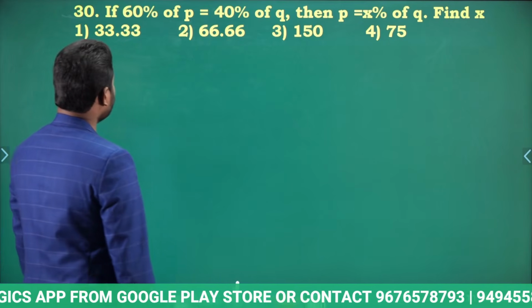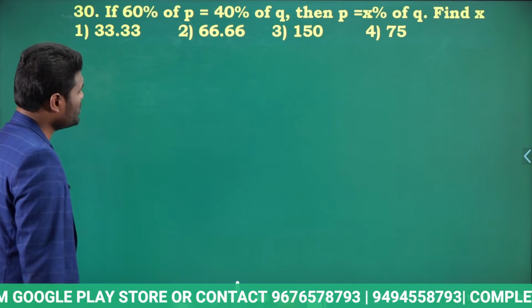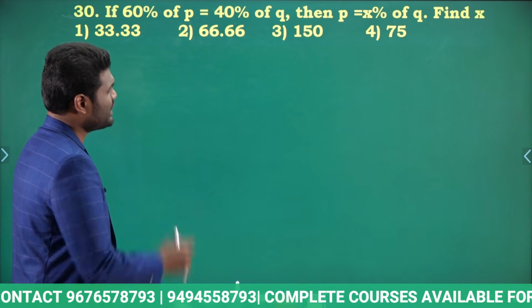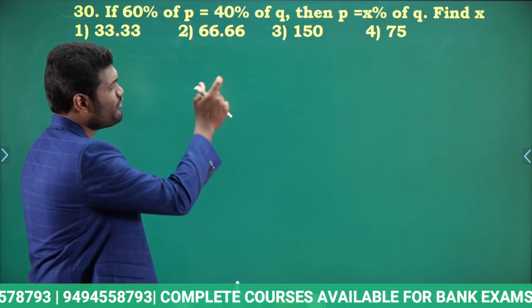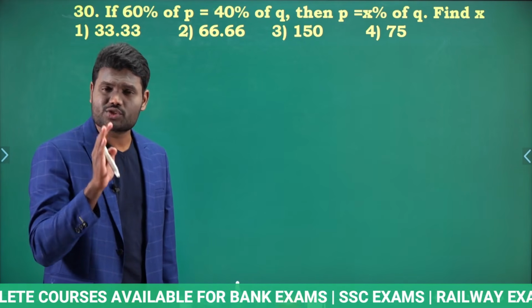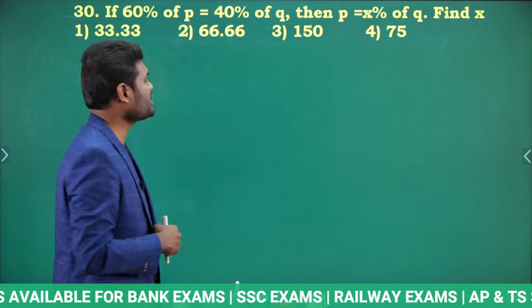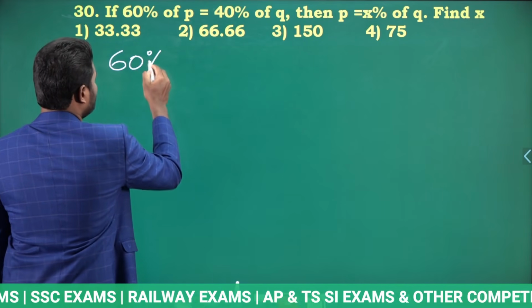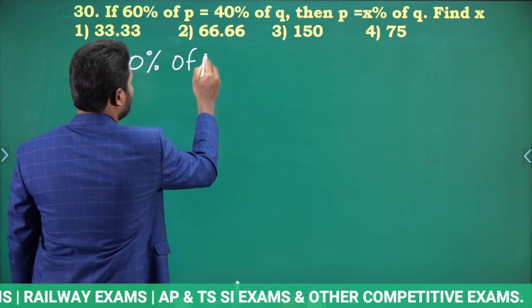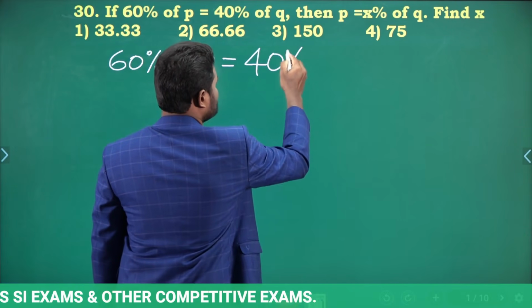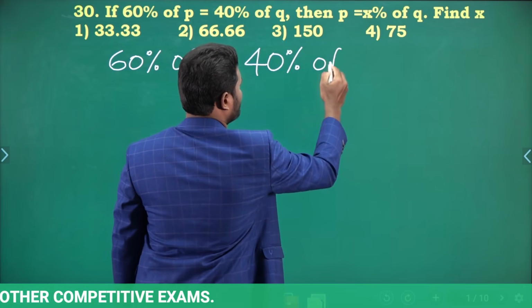Next question, if 60% of p is equal to 40% of q, then p is equal to x percent of q. Find x. We are asked to find the value of x. This question is very simple. Observe carefully. In the question it is said that 60% of p is equal to 40% of q.